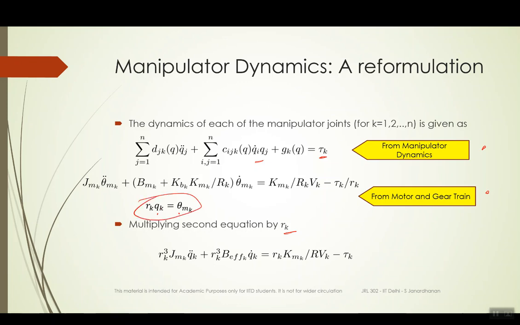And when you substitute that and you integrate this equation, the second equation turns to this one.